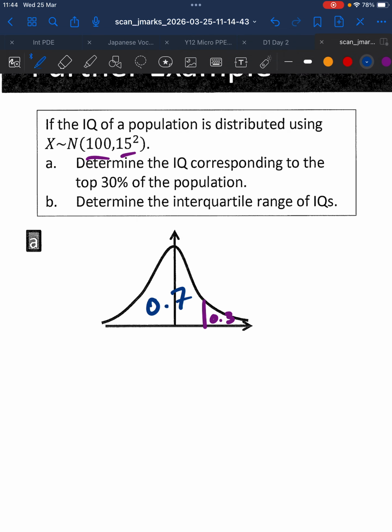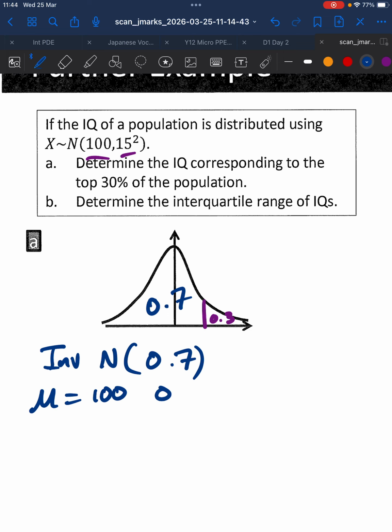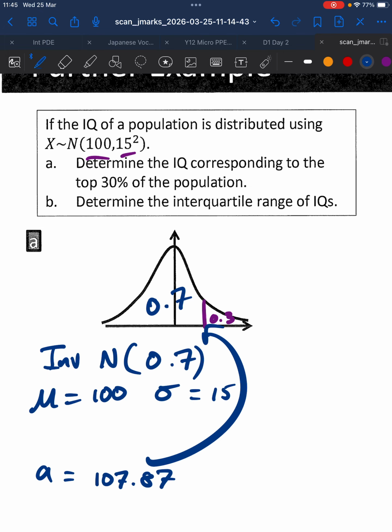So I need to do the inverse normal of 0.7 using my mu as 100, my standard deviation of 15. I'm expecting a number here bigger than 100, aren't I? So if I do that, I get A equals 107.87. Okay.